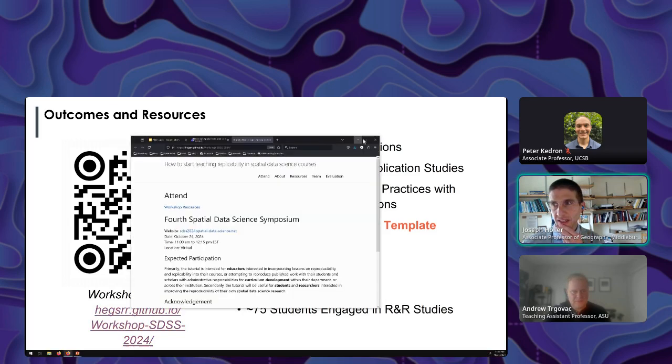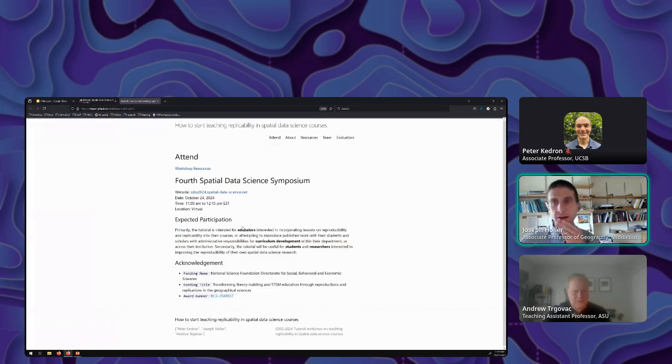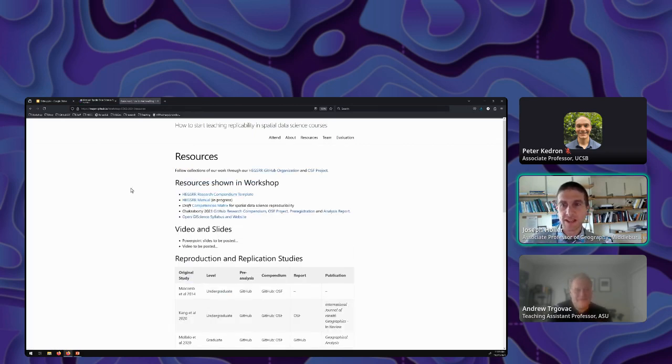so folks can navigate to it, and highlight that the splash page is sort of old now because it was the workshop description, but this workshop resources page is where you'll get links to all the really good stuff. We have an overall GitHub organization where we keep most of our GitHub repositories.